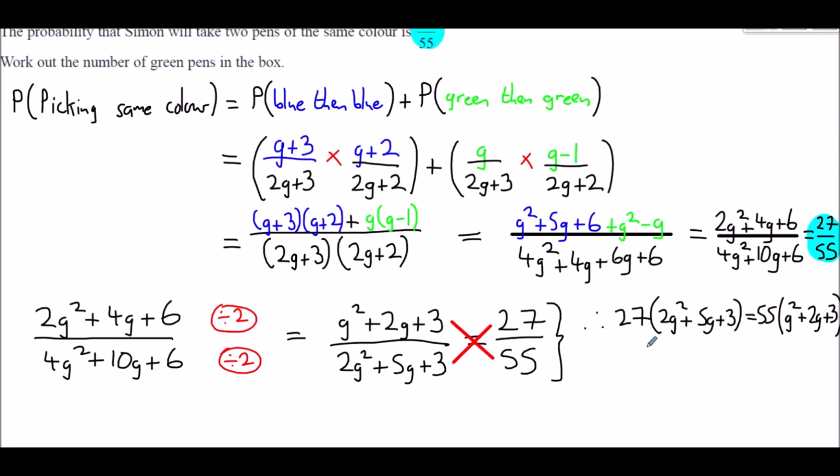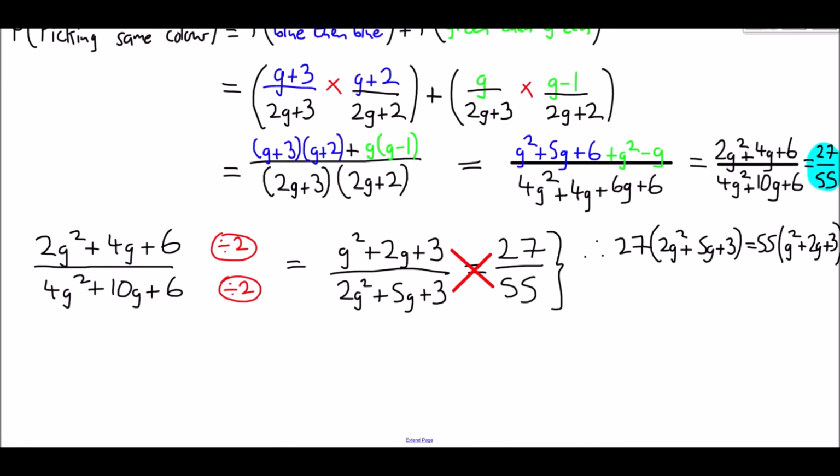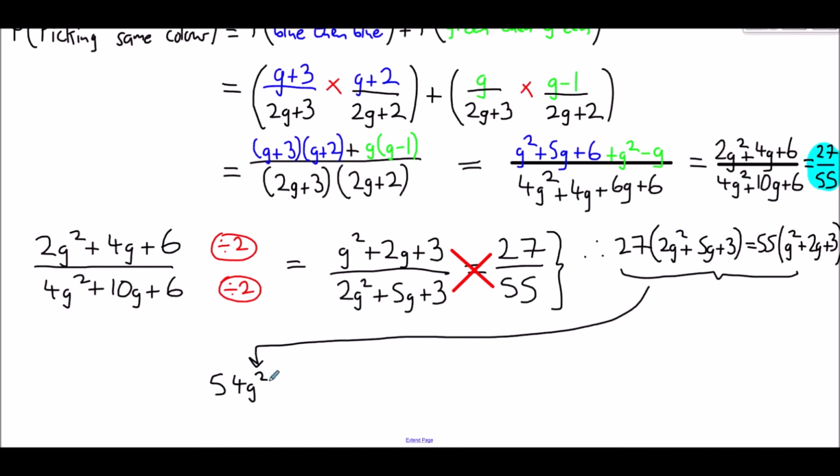So now it's a case of just preparing ourselves for an absolute mess, but having faith that if we've not made a mistake, this will have to simplify. So if we expand this out, 27 times 2g squared, that gives us 54g squared. 27 multiplied by 5g gives us 135g.